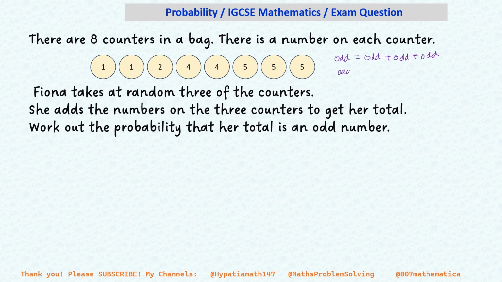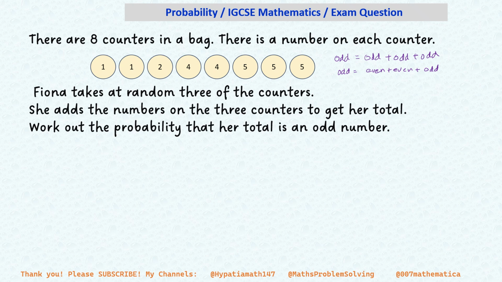I could also get an odd number by adding 2 even numbers and 1 odd number. So you can check it out. 4 plus 4 and 5, so that's 8 and 5 is 13. Then 2 and 4 is 6 and 1 is 7. So it would give you an odd number by adding up 2 even numbers and an odd number.